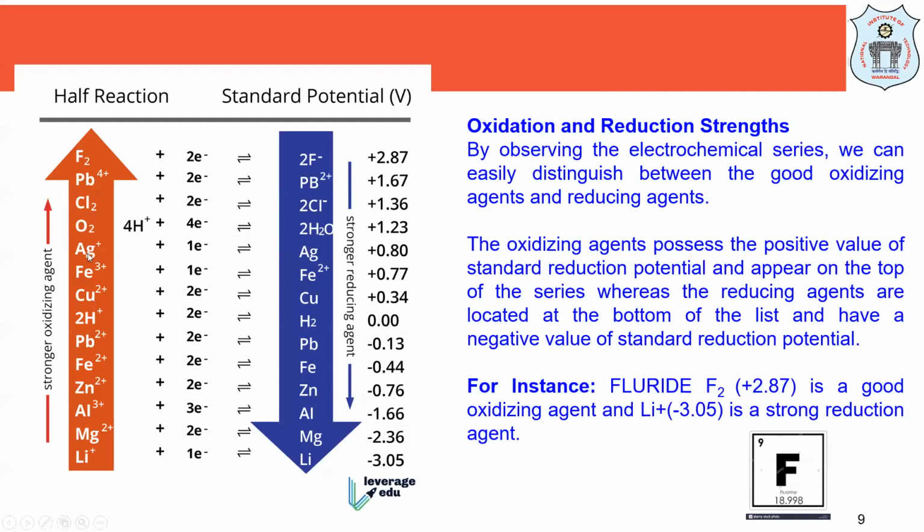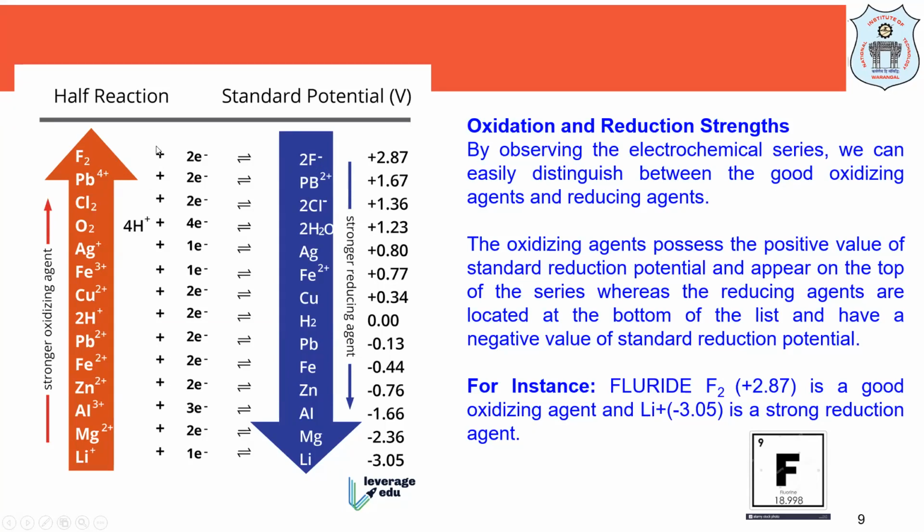If you have a strong oxidizing agent, starting from fluorine to lithium, on the right-hand side you can see the stronger reducing agents. At the bottom of the list you see lithium, which is the strong reducing agent, whereas on the left-hand side you have F2, which is a good oxidizing agent.